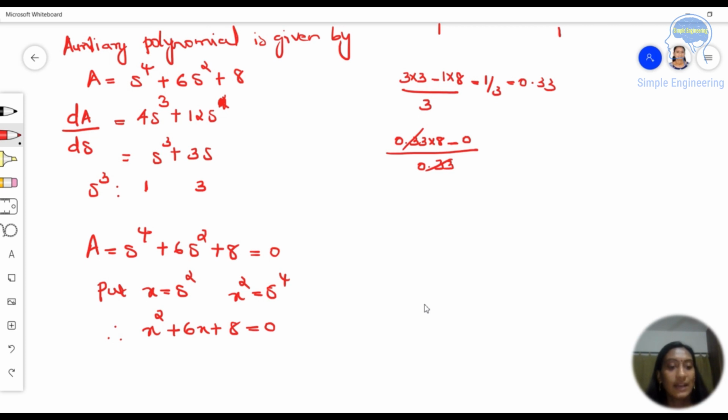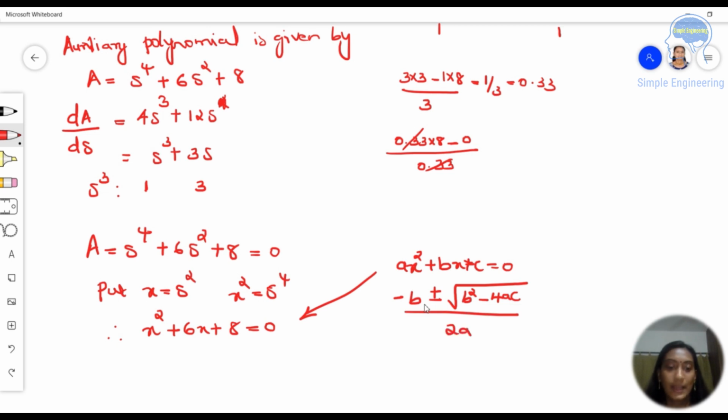We have to find the value of x. For ax square plus bx plus c equal to 0, in order to find the roots, the equation is minus b plus or minus root of b square minus 4ac by 2a.